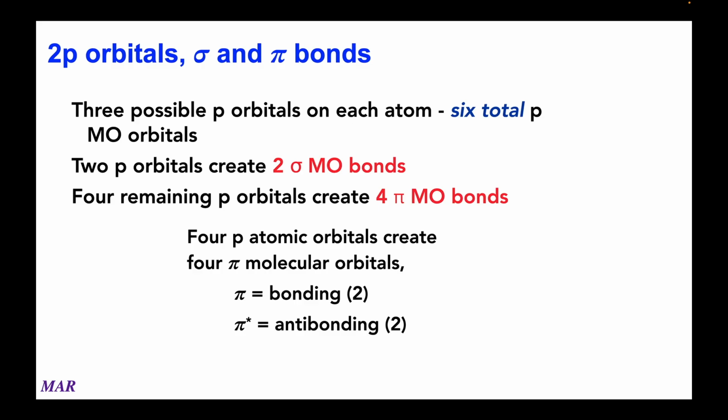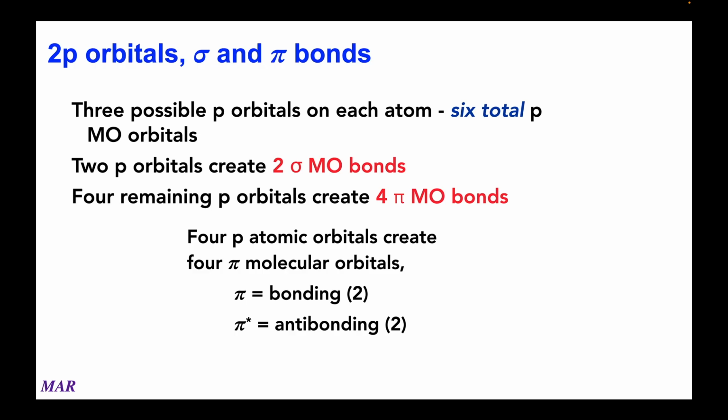When you get to boron, this is our first atom that we've seen with 2p orbitals. And remember, when you have a 2p orbital or a 3p or 4p or anything like that, each of them has 3 atomic orbitals. There's a 2px, a 2py, and a 2pz. So because we have 2 atoms coming together, they're each going to have 3 2p orbitals. That means there's going to be 6 molecular orbitals in this part.